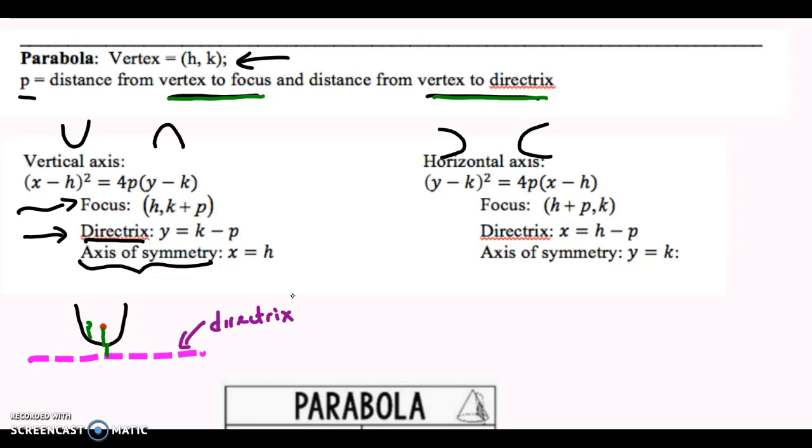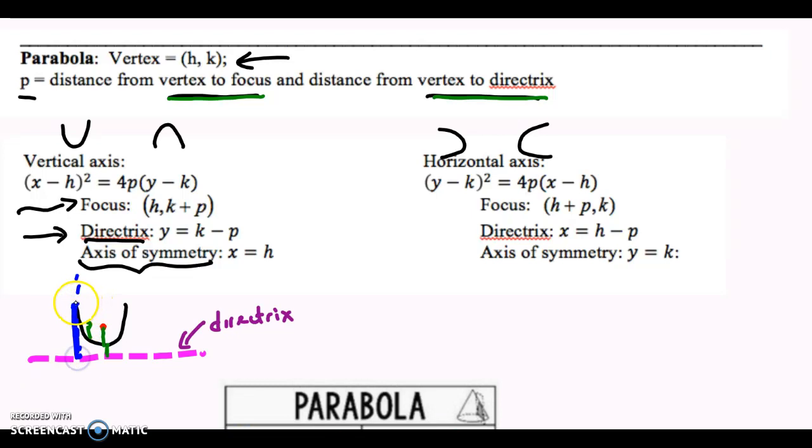And the parabola needs the directrix because the definition of a parabola is actually the following. And you won't be tested on this, but it's for your extra information. If I draw a vertical line from the directrix up, it will intersect the parabola at a point.